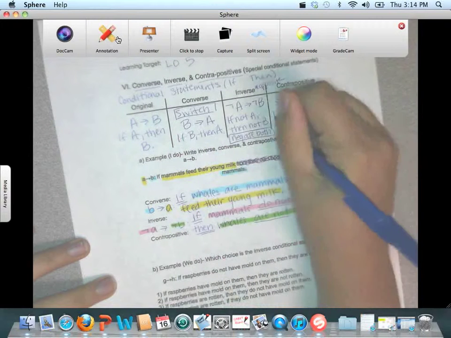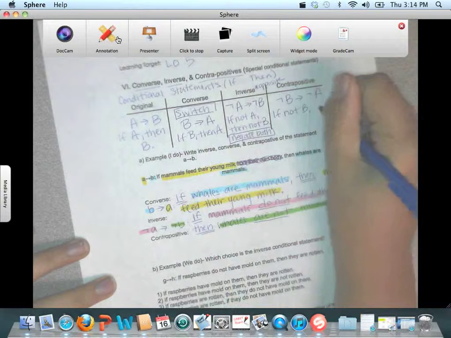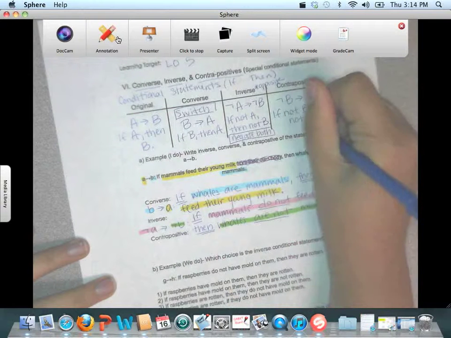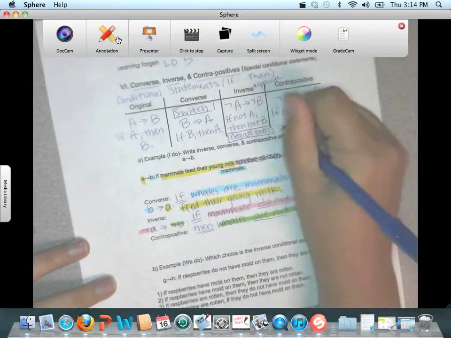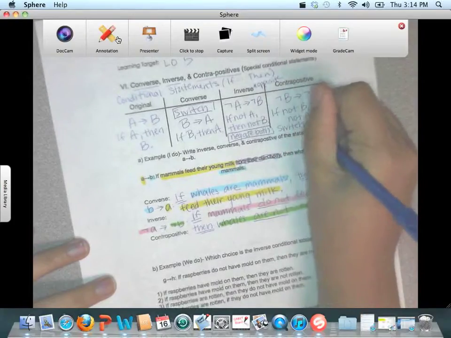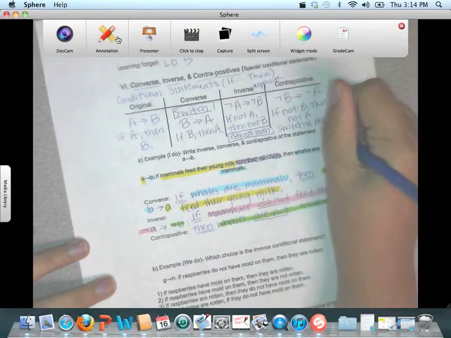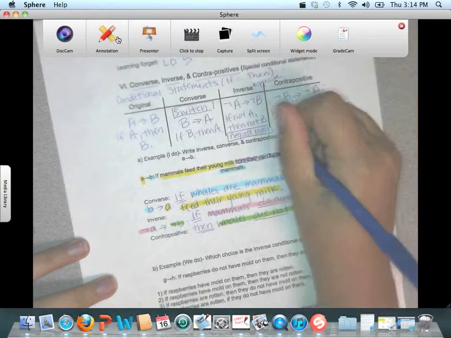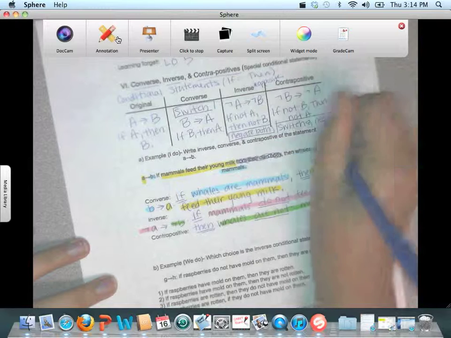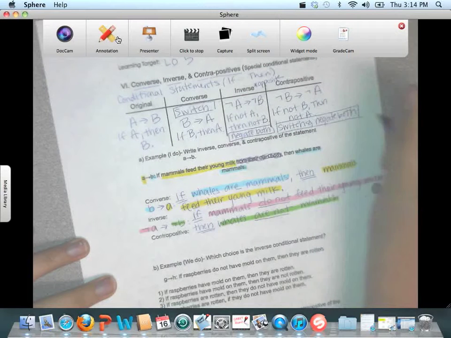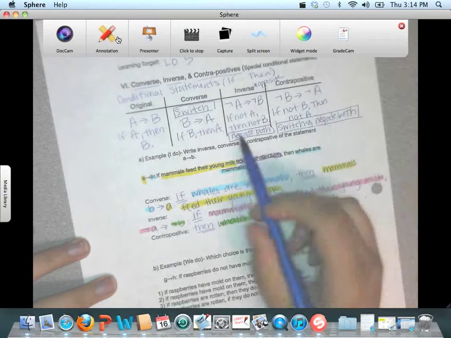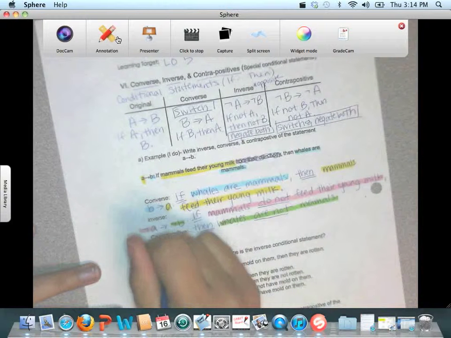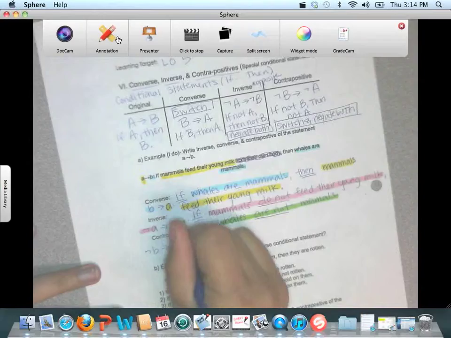So if not B, then not A. So you need to switch and negate both. You have to do both the converse and the inverse to the original. So the contrapositive is not B, then not A.